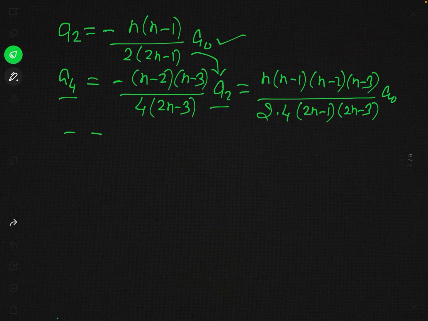In fact, in this way you can calculate the value of a6, a8 and so on. So when you put the value of a6, then by induction I am writing that value of a6. I am not solving that equation, but seeing these results, you can directly say what a6 will be.